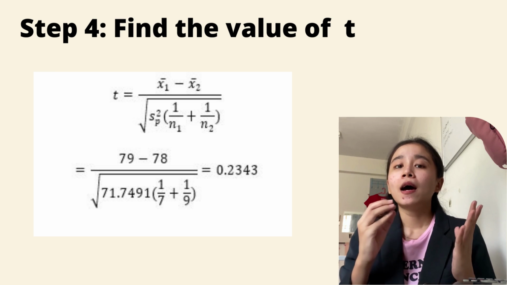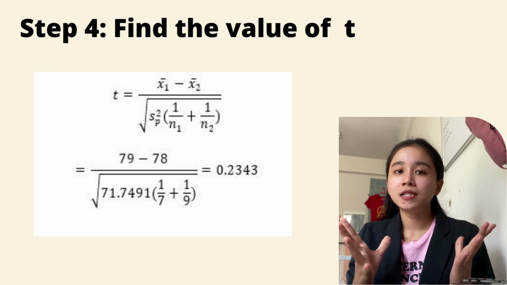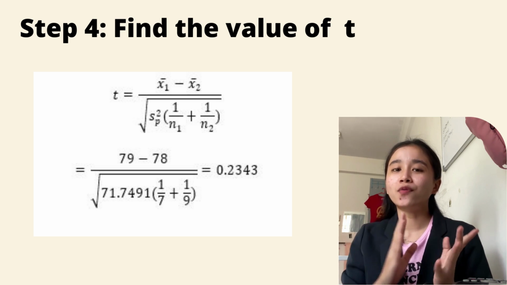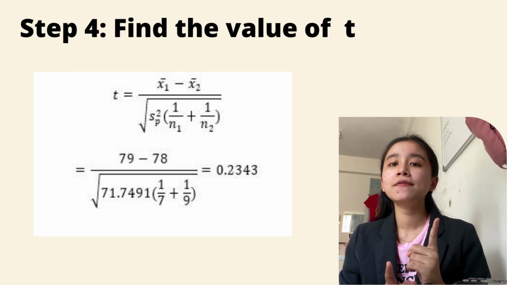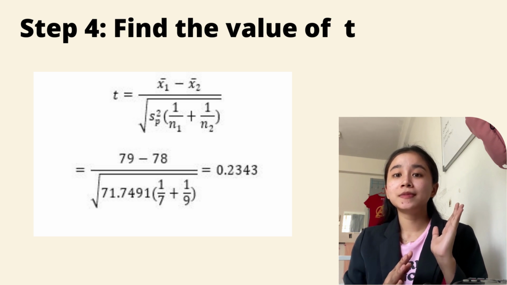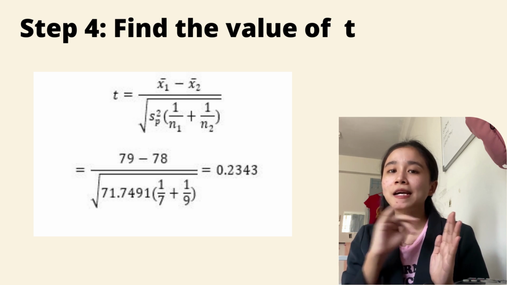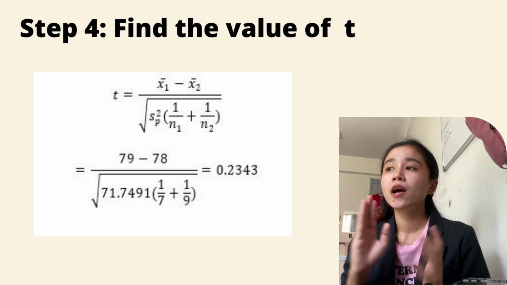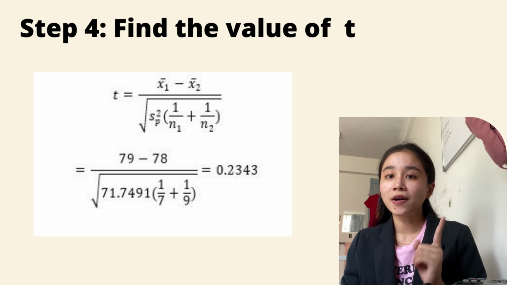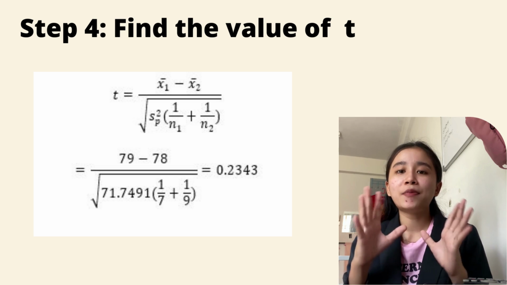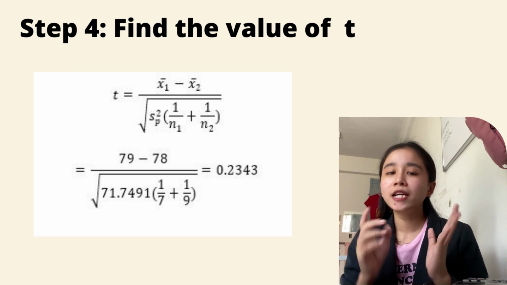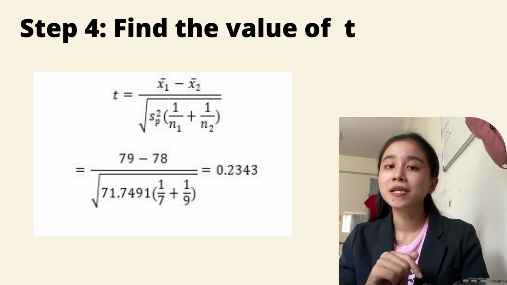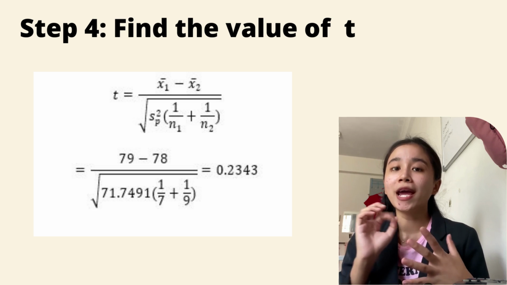After we get the pooled sample variance, we can use this answer to plug into the formula of T to determine whether the null hypothesis is true or false. The T value is the mean for women minus the mean for men, divided by the square root of the pooled sample variance times 1 over N1, the sample size for women, plus 1 over N2.